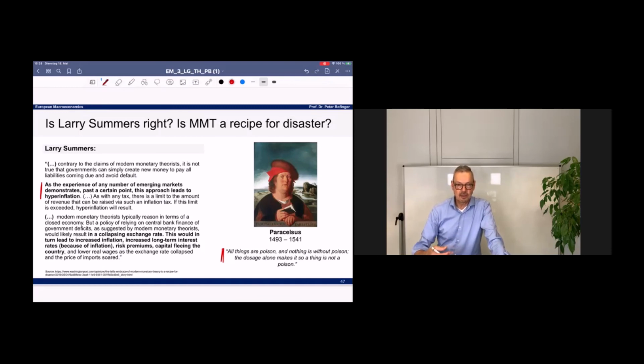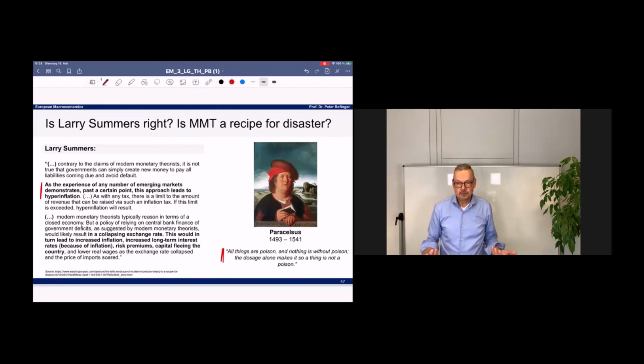And I think critics like Summers or Rogoff assume that governments use fiscal deficits in an irresponsible way. And then, of course, you get all these problems. So when one talks about the negative consequences of MMT, I think there is no doubt.